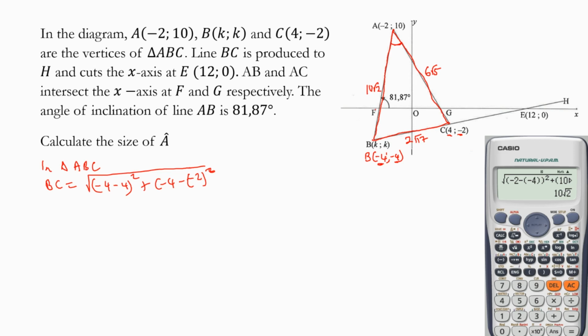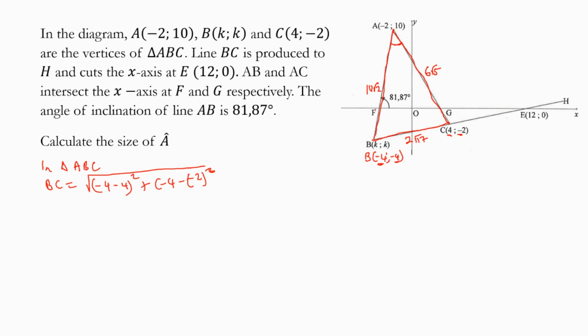Right, and now we want the angle A. So we say, using the cosine rule, BC squared is equal to AB squared plus AC squared minus 2 times AB times AC times cos A.